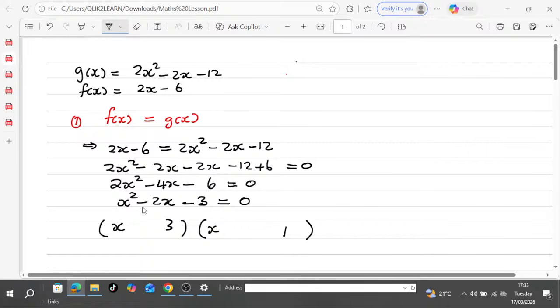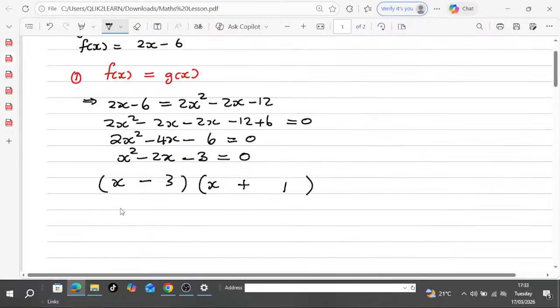We take the sign of the middle number, give it to the bigger one, and the other one will be positive. So now, what is x? x is 3, or x is minus 1. This was the first question. When they ask where f at x equals g at x, these two graphs meet at x equals 3 and at x equals minus 1.